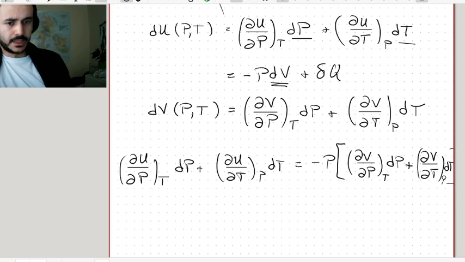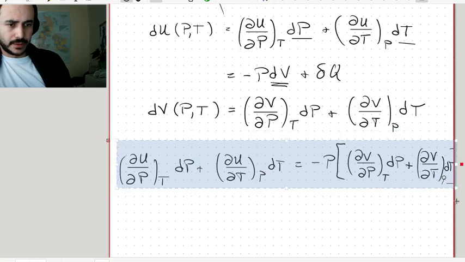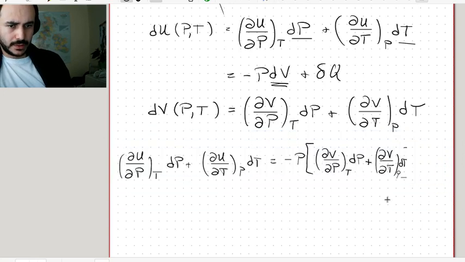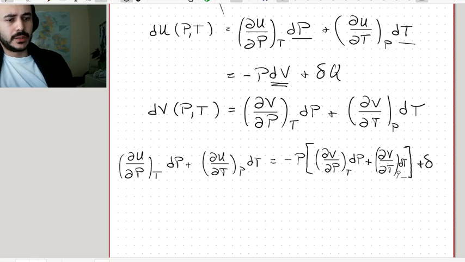Okay, going to try to make this a little bit smaller so that everything fits in the screen. Okay, fine. And this goes plus the infinitesimal reversible work that I want.